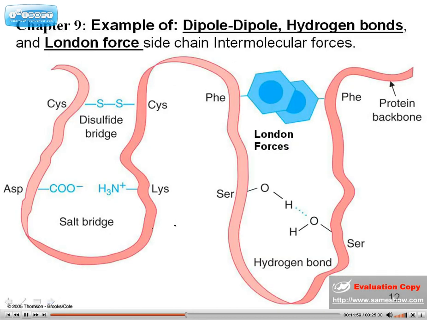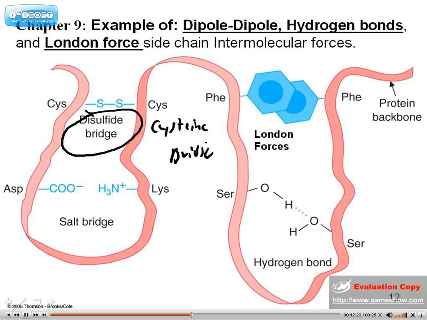All right, so we summarize the major types of forces that you haven't covered in the past. Now let's go ahead and review ones you have. Whenever we have covalent bonds, in this case we only study one type of covalent bond that's very, very common, and we call these disulfide bridges. These are also known as cysteine bridges.